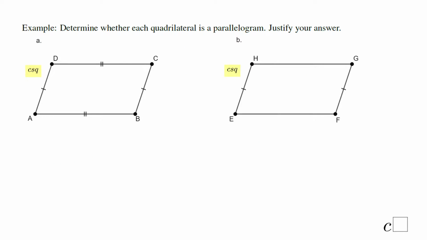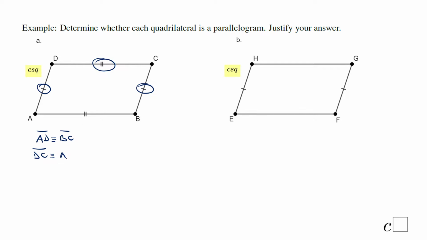In this second example, we look into part A, and we notice we have what here? We have these two sides are congruent, AD congruent to BC, and also we notice DC congruent to AB.